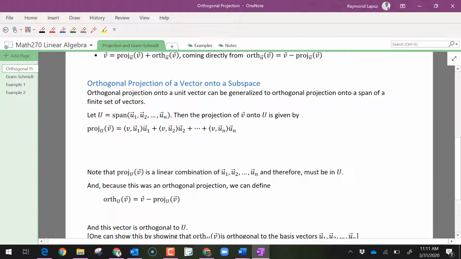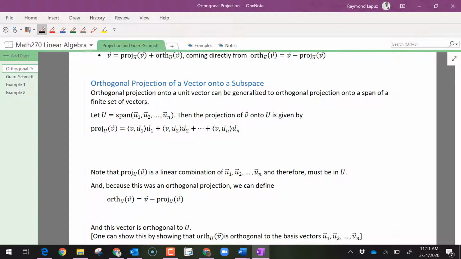Alright, now we can generalize this into subspaces. The orthogonal projection of a vector can be looked at as projecting this vector v onto a span. So let's just keep it to two vectors, u1 and u2.